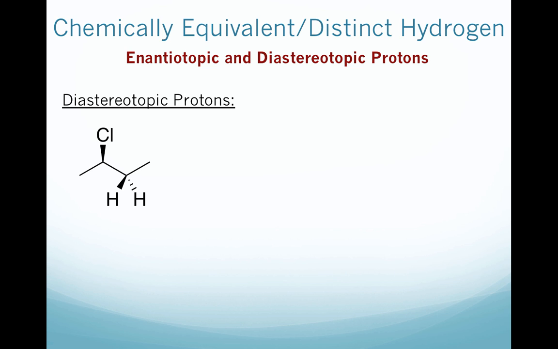Finally, let's look at a case where we have diastereotopic protons. And the change here is I've installed a chlorine and I have a chiral center here. And although I've shown the stereochemistry of this chlorine, even if I had left this as just a regular line and not shown it as a wedge, it would still be a chiral center and would have an effect on these protons. But let's draw this twice.